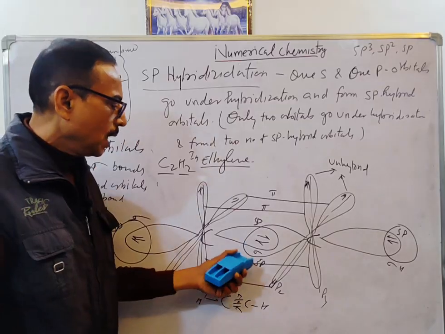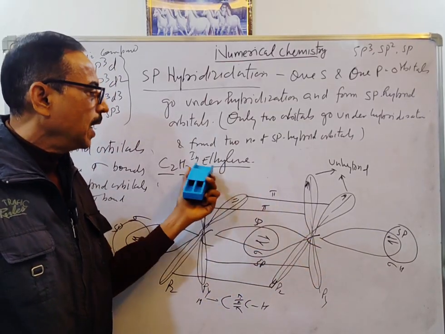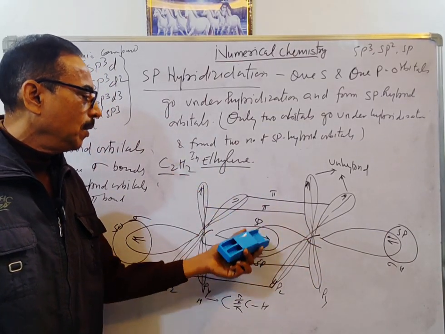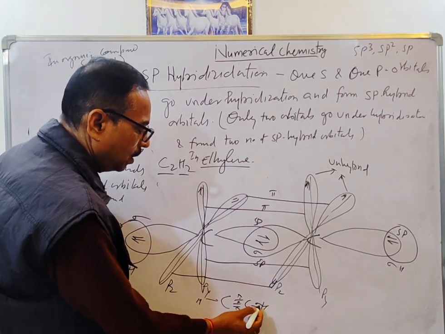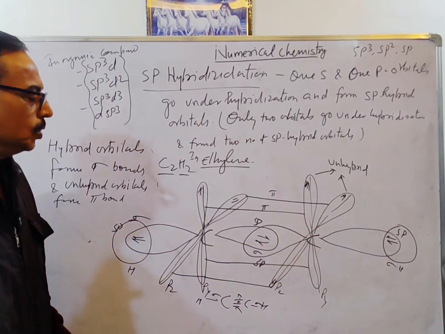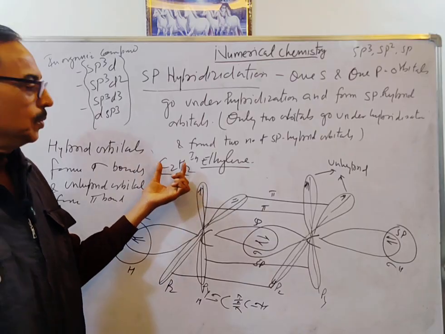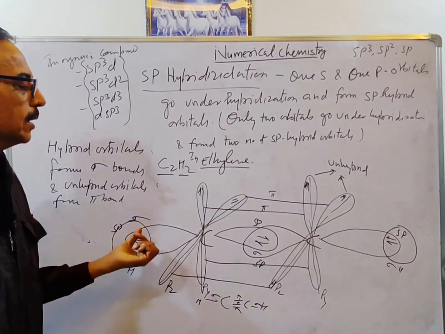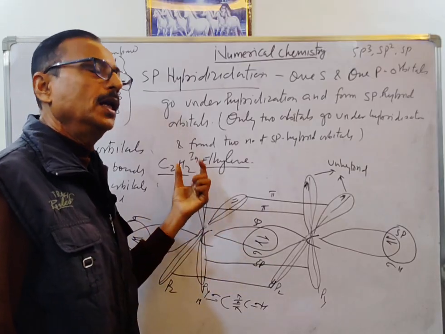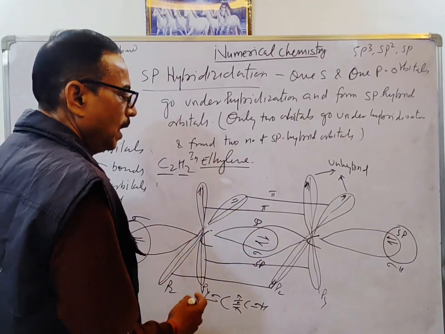So between the carbon atoms in acetylene, there are three bonds: two pi, one sigma, and sp. This is the C-H sigma bond, this is a sigma bond. So the structure of C2H2 is defined here in orbital form, and the shape of C2H2 or any alkyne is linear.